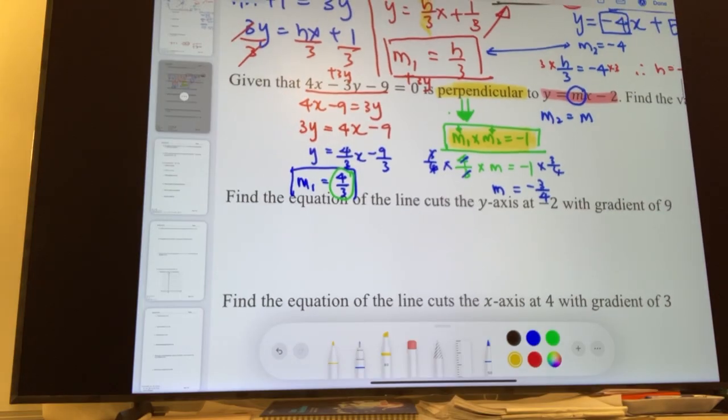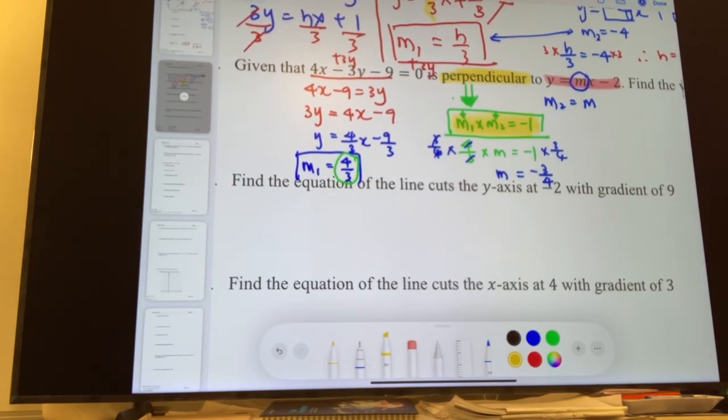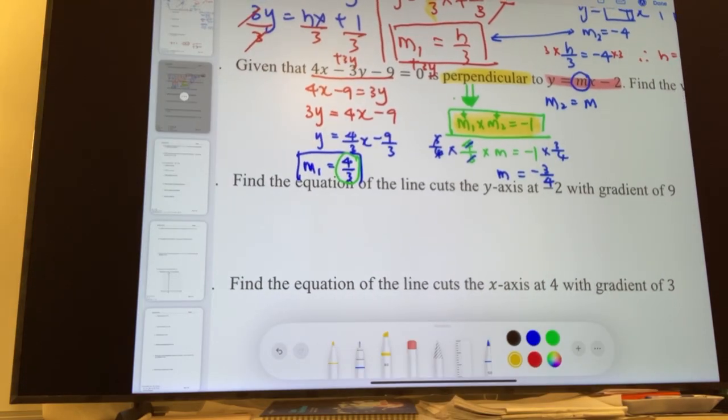Good. So then the next question, find the equation of the line that cuts the y-axis at -2, gradient 9. So what is the basic equation of the straight line? y equal to mx plus c. Does the question give you the gradient? Yes, you do. The gradient is 9. This is your m. Do you know the y-intercept?